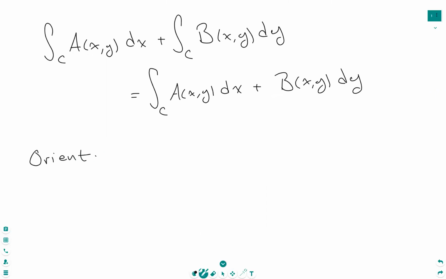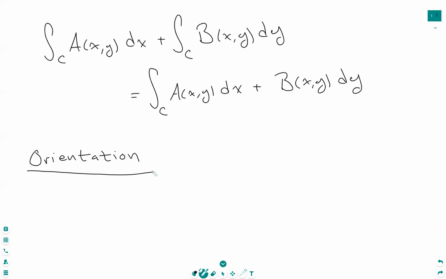Orientation. Notice that one of the problems specified an orientation that goes with the path. So how much does that really play a role here? If we reverse the direction of C, what happens, right?